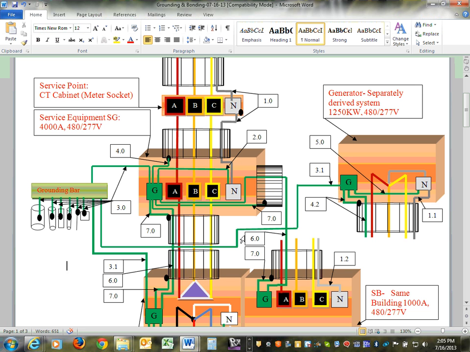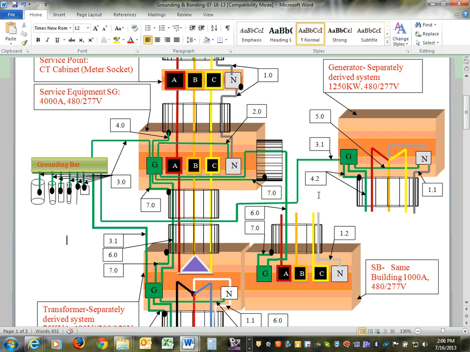If it's a major building and you have a ground bar as a reference for all your grounds, you can take a wire 3.0 and tie the ground and the neutral inside the generator all the way to the grounding electrode system in your building. Or, if it's outdoor, it could be a driven rod. You drive it right by the generator and you bond the ground rod to the neutral and the ground inside that generator. Does that make sense? Taking the 3.1, this is called the grounding electrode conductor, going all the way back for the separately derived system.